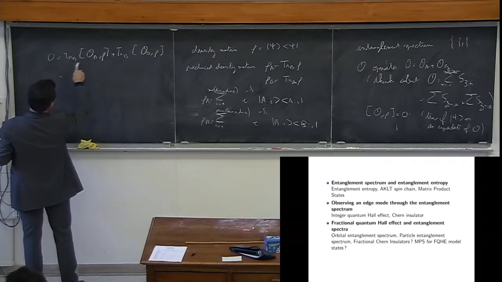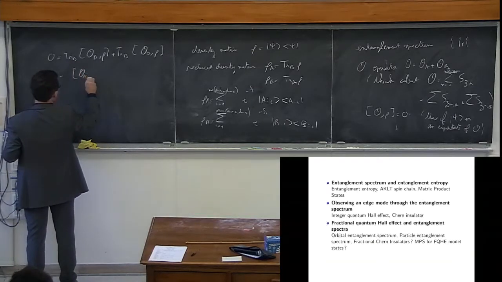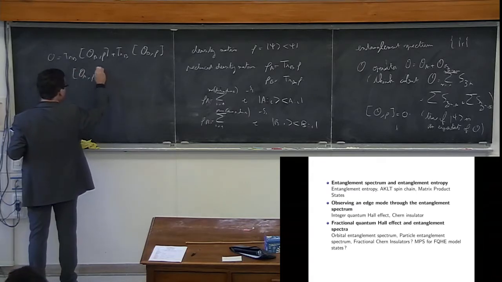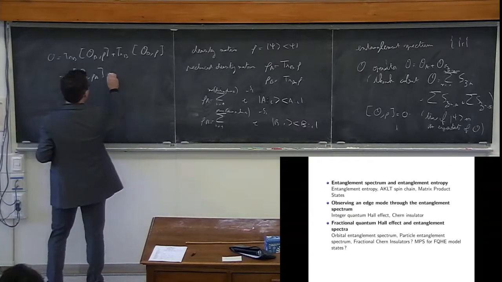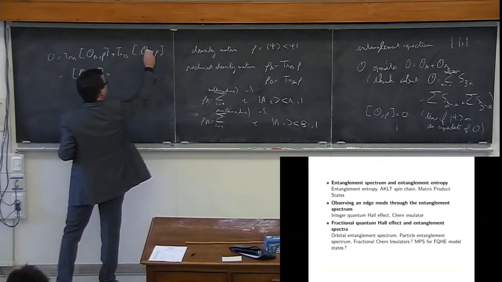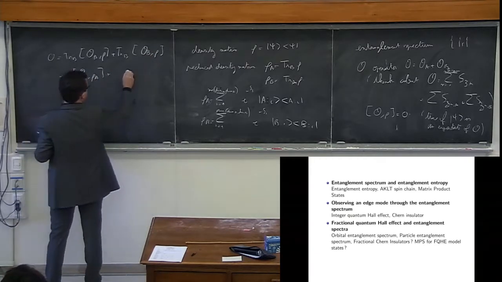So I can pull the trace inside the commutator here, and we get rho A, OA commuting with rho A by definition of rho A. And here it's the trace, so it's a commutator on B, so it's just 0.